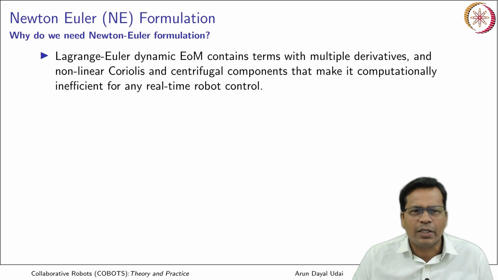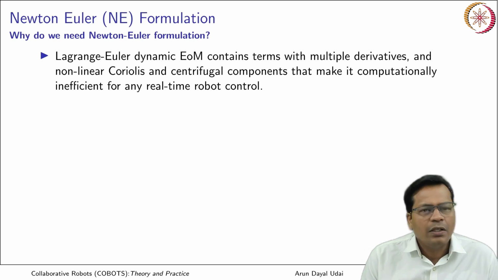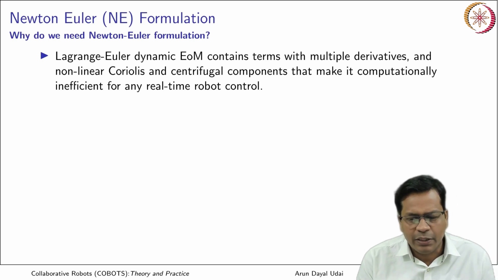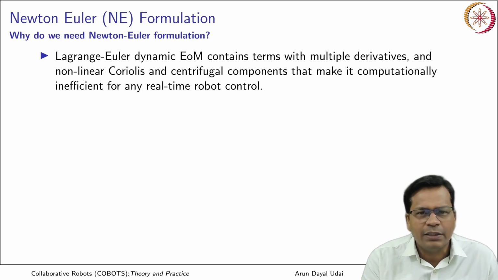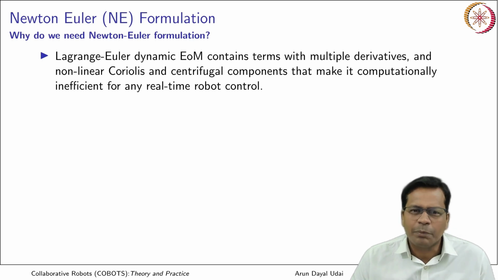Once we have already learned there are many other approaches like the Lagrange-Euler approach, why do we still need this one? The Lagrange-Euler dynamic equation of motion contains terms with multiple derivatives. As you have seen, it has ∂L/∂θ dot and d/dt terms. Those are highly derivative terms, and there are Coriolis and centrifugal components as well, which make it computationally inefficient for any real-time robot control.